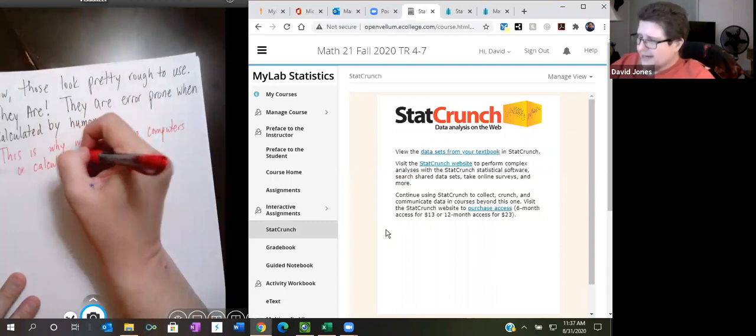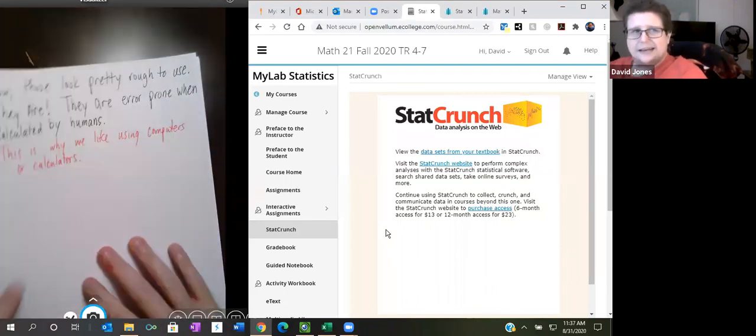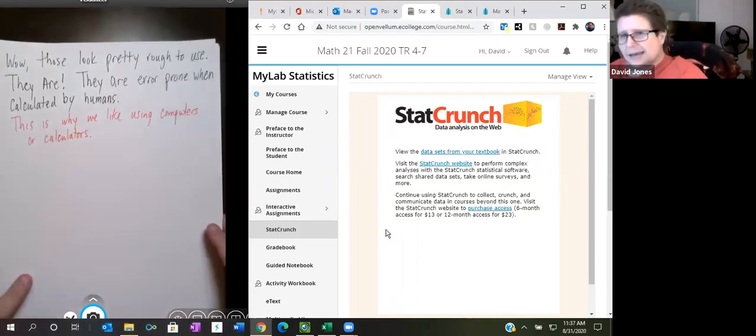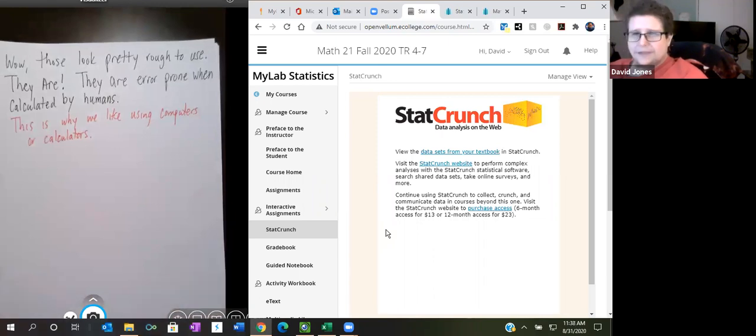A lot of sophisticated calculators have stat commands in there. They are a pain to use. You have to go through and manually enter each one. You have to remember what the key configuration is on the calculator, and every calculator is very different. So we're going to use StatCrunch.